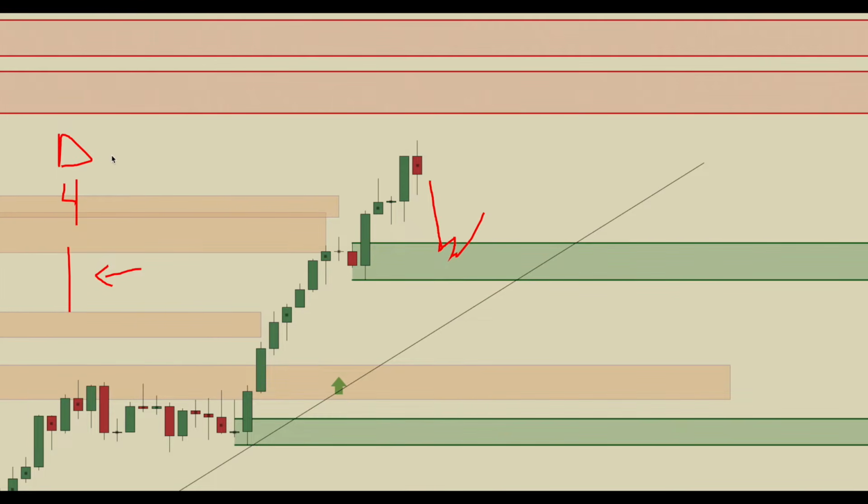That is only because your daily is on an uptrend. If your daily is on a downtrend, I will explain later in this video what to do. But since the daily is on an uptrend, it's totally okay to look for a 1 hour confirmation in that daily demand. With that being said, we'll hop down to a smaller time frame now.